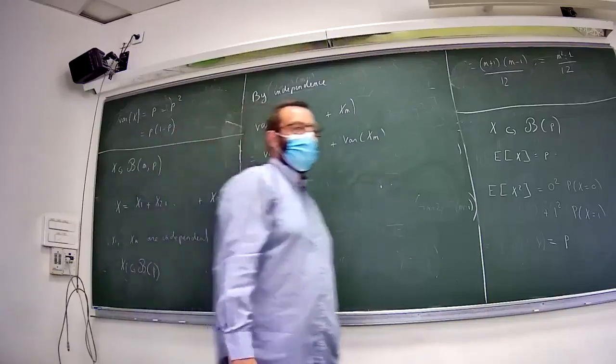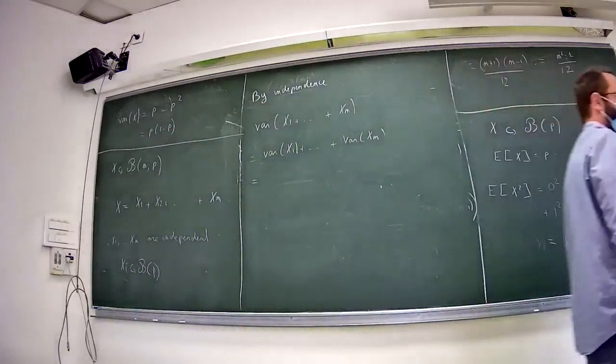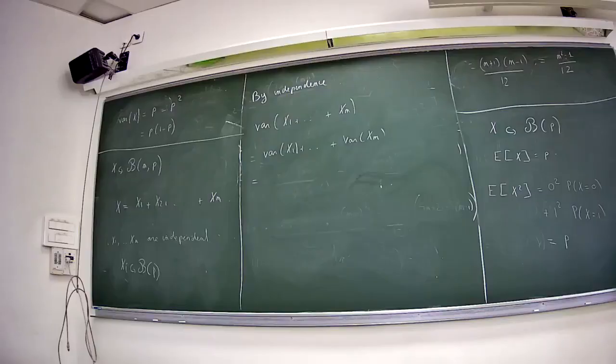What is the variance of each one? So the variance of each one is p times 1 minus p.